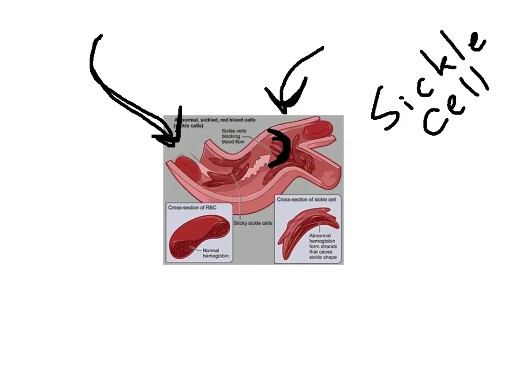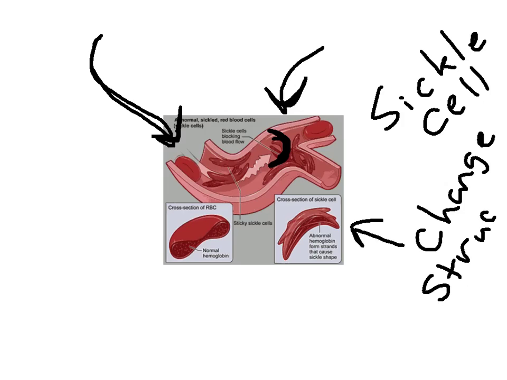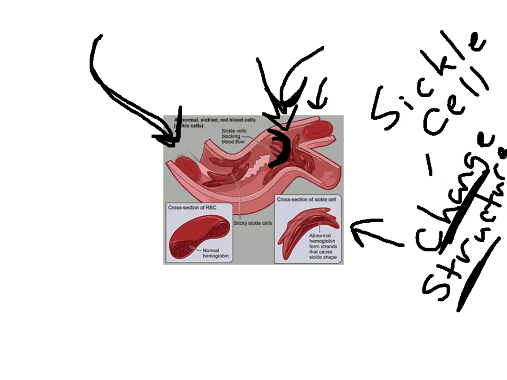If, on the other hand, the structure is deformed, if you change the structure, so its function changes. Now it cannot function the way it normally would have. It can't fit through these tiny little capillaries like the normally structured cell would. It gets stuck. It causes blood clots, and it's not able to carry the oxygen as well. And all kinds of problems happen. Just because you've changed the structure, you've also changed the function.